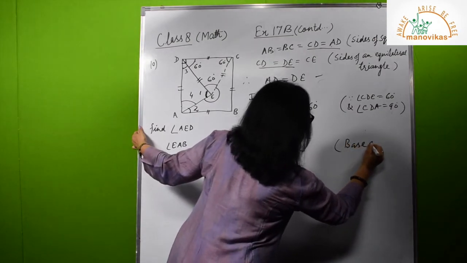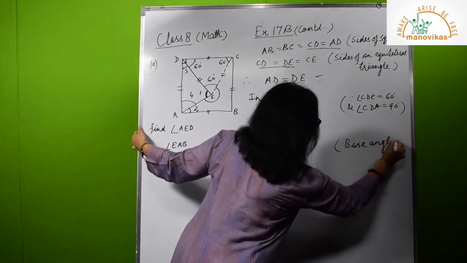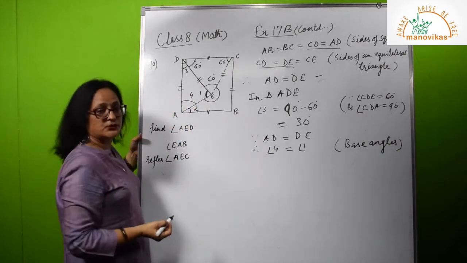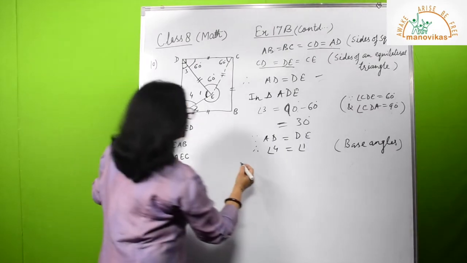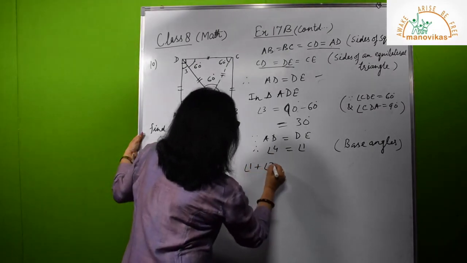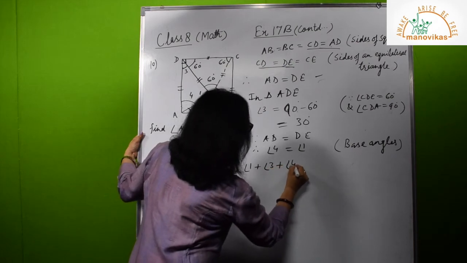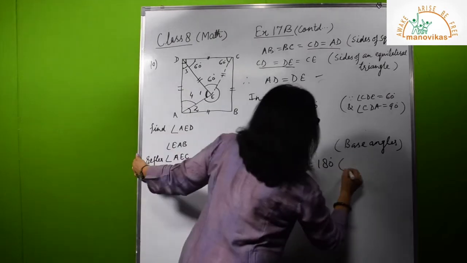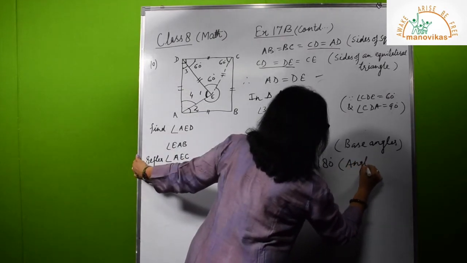Reason is base angles. Okay. Now in this triangle you can use angle sum property. So take angle sum property. Angle 1 plus angle 3 plus angle 4 is equal to 180 degree. Reason: angle sum property.